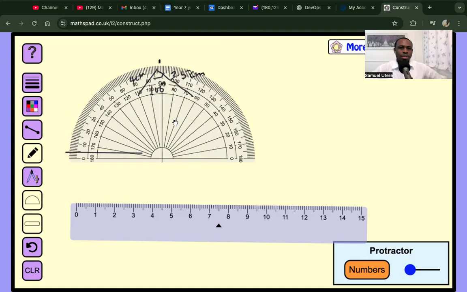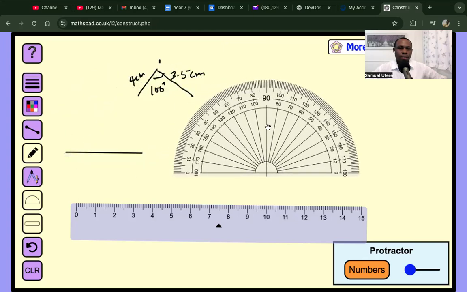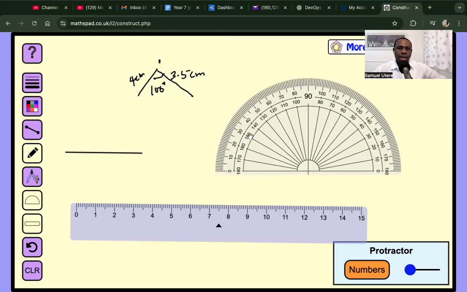All right, let's move that out of the way. Now we want 3.5 centimeters from that end of the line.